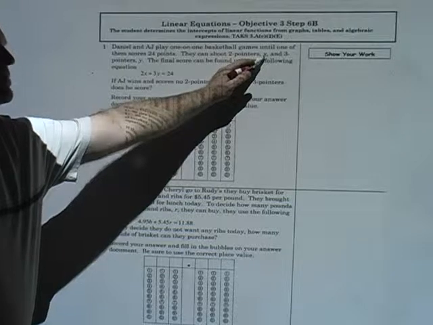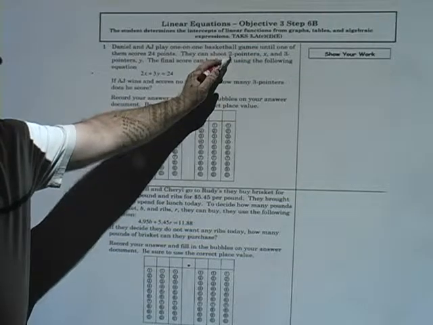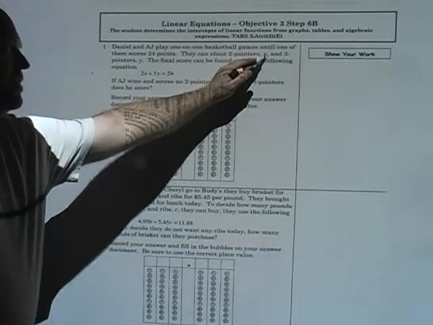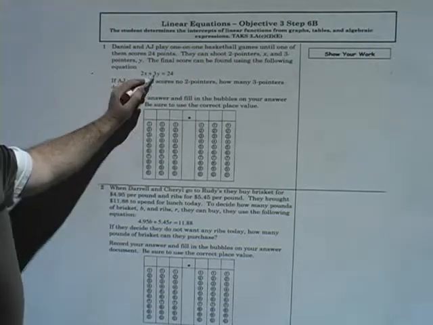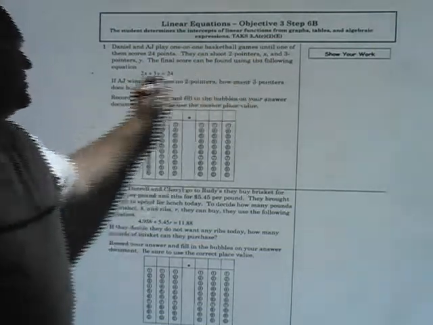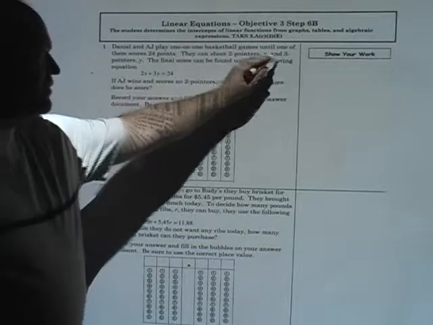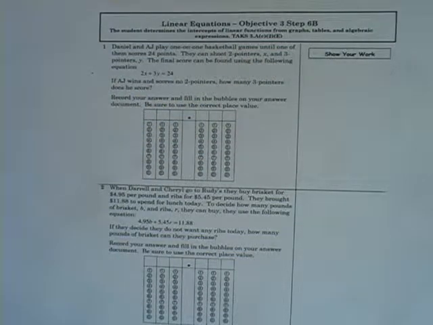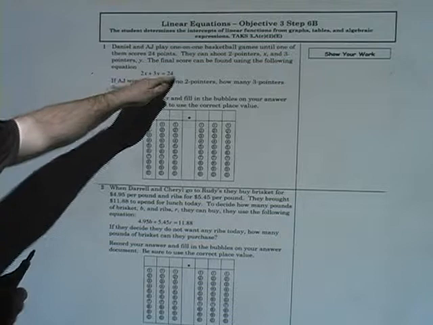The 2-pointers are x. There's this number of 2-pointers, and the 3y, there's this number of 3-pointers. So x represents the number of 2-pointers, y represents the number of 3-pointers. And you can see that in the equation.